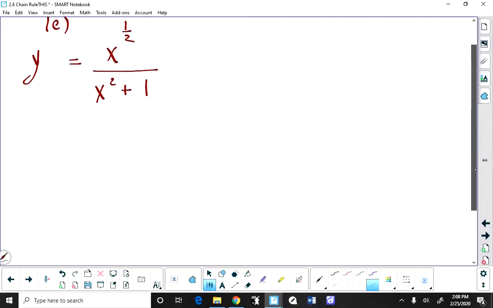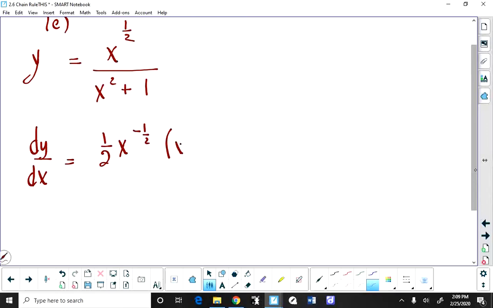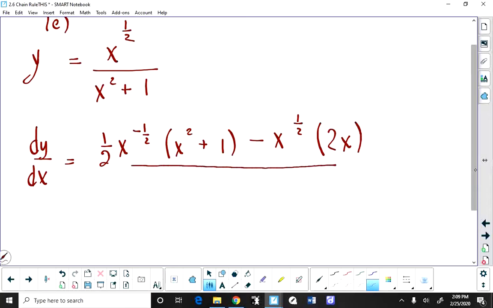Okay, so here we go. The derivative of the top would be 1/2 x to the -1/2 multiplied by the bottom, which is x squared plus 1, minus the top, which is x to the 1/2 multiplied by the derivative of the bottom, which is 2x, over the bottom squared.